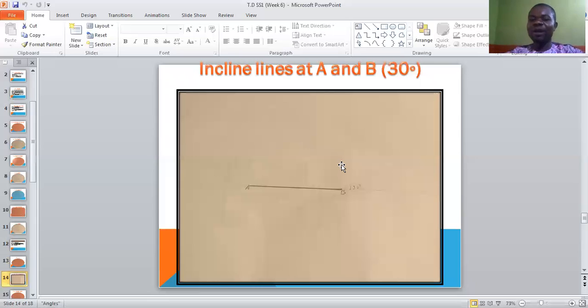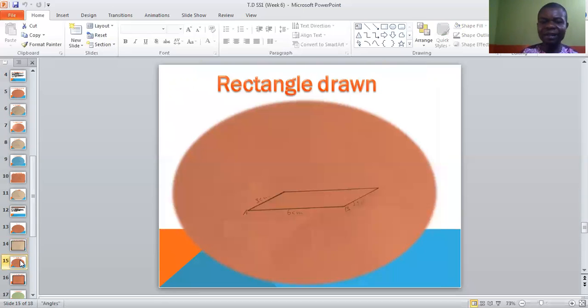Then you mark off, this is the 30 you are seeing here, which is equal to this angle. Then you measure the length you want to get from that particular side. Just measure the length. When you measure the length, you take it, make it bold. I use 6 here as the length. Here is 3, which is equal to here, 3. Then here is also 6. This is the rectangle drawn.